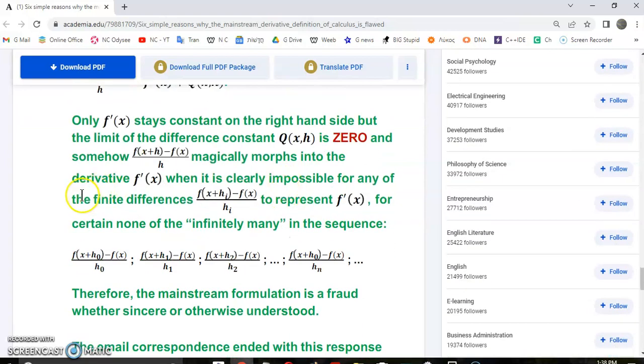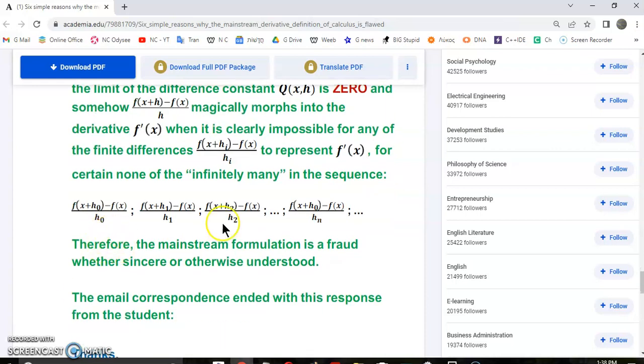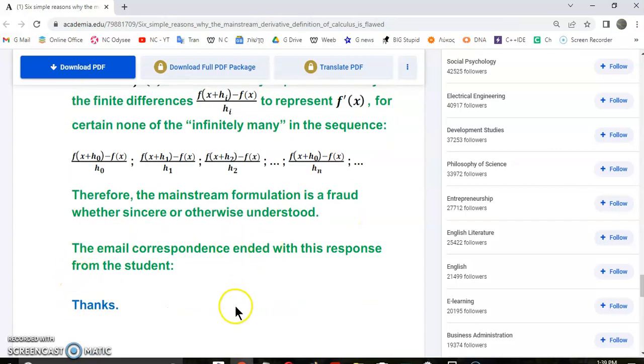So, as I've explained, none of the infinitely many finite differences here, even if the limit is a rational number, none of these finite differences ever represents the limit, even if it's a rational number. Okay, and rational is actually redundant, because when we say number, it means that it's rational. There is no other kind of number. So the mainstream formulation is a fraud, whether it's sincere or otherwise understood.